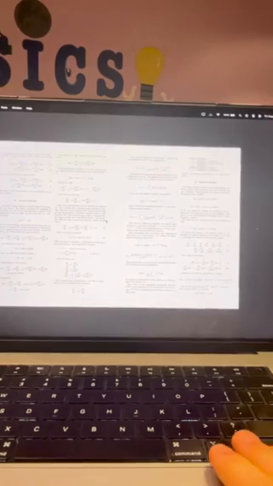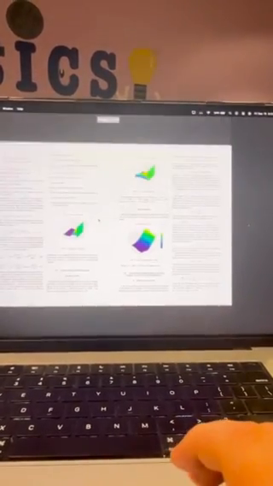But what originally got me into stock data was my final project for this class, numerical calculus, where I essentially took stochastic differential equations and plugged them in and simulated them with Monte Carlo.